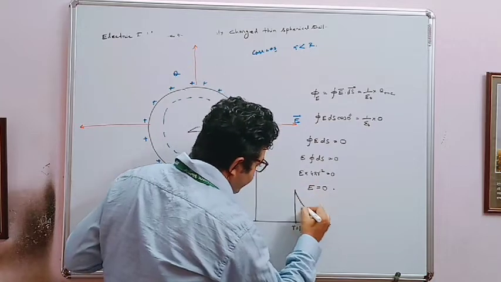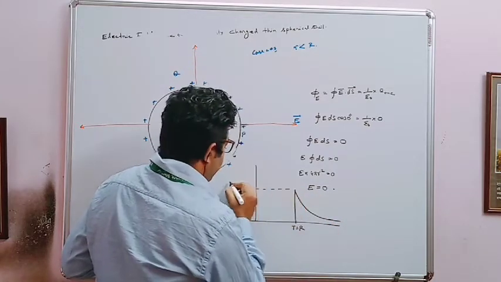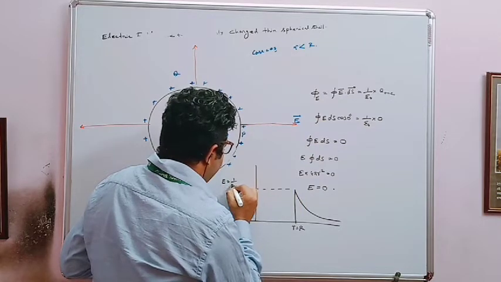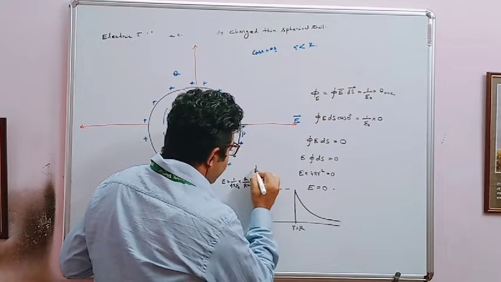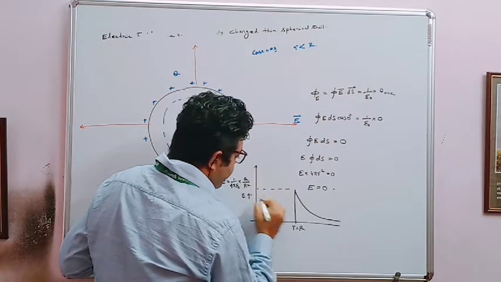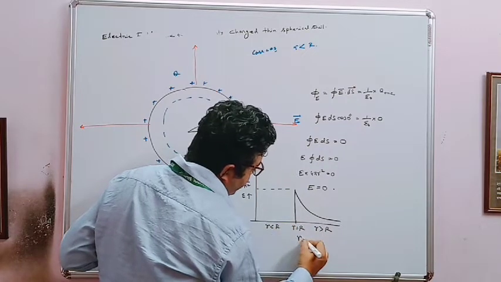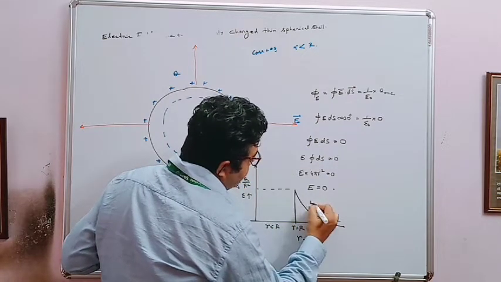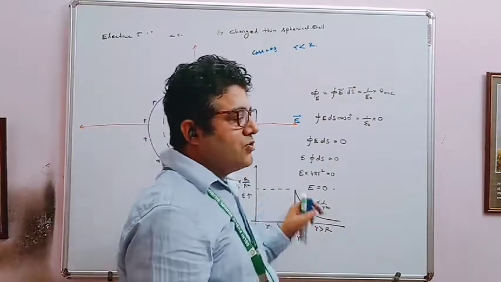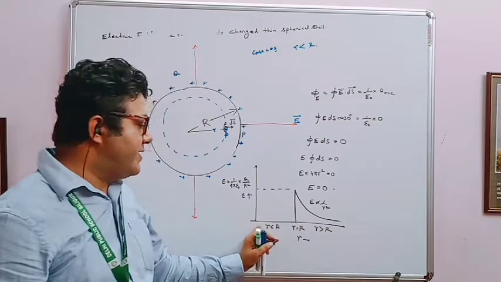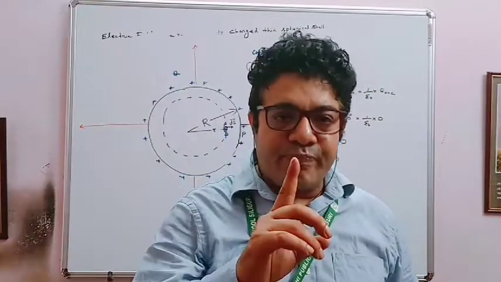Outside the shell, electric field is inversely proportional to r square, so the graph is hyperbolic. Inside it is 0 and on the surface it is maximum. This one is for the shell.